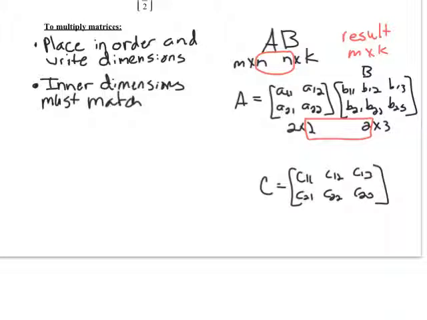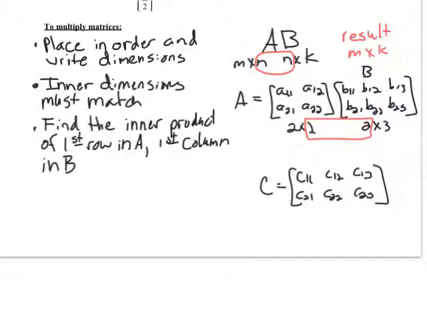So what I do next, the first thing I want to calculate is C11, and that means I want to multiply row 1 by column 1. So here's how I find C11. I'm going to find the inner product of the first row in A by the first column in B. I'm not going to do all these here, but I will show you C11.